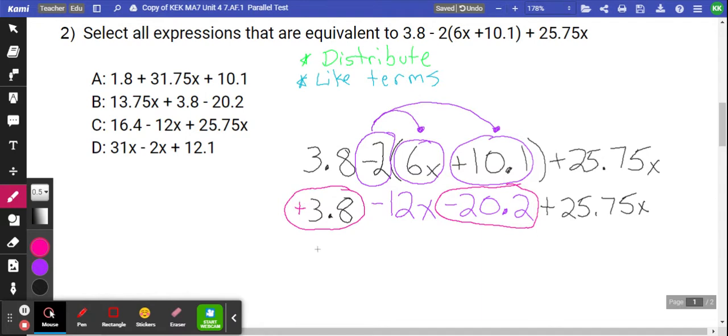So I can combine these, negative 20.2 and positive 3.8. You can use your integer rules or you could use your calculator, but when you combine them, one's positive and one's negative, and you will be left with negative 16.4.